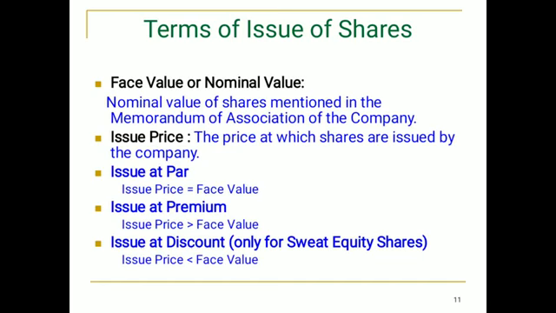Issue at premium is when you issue the shares for more than their face value. The third concept is not in your syllabus, so we are not going into detail with it.